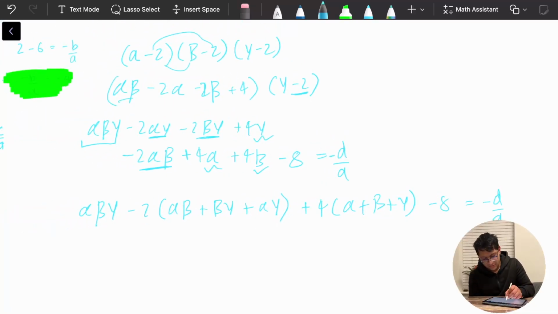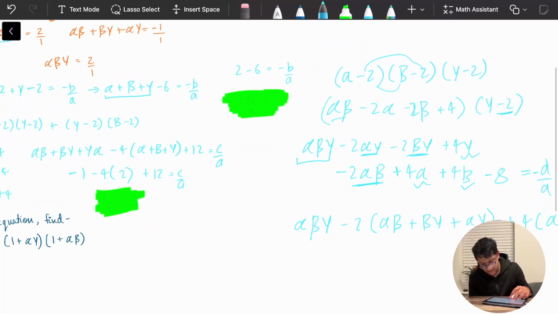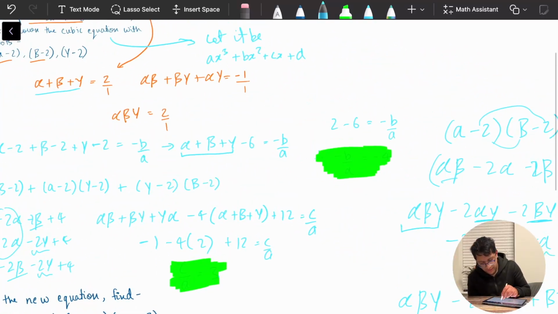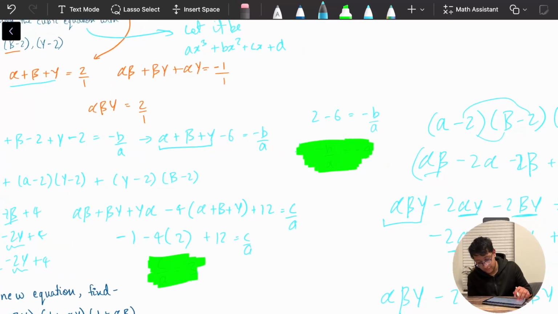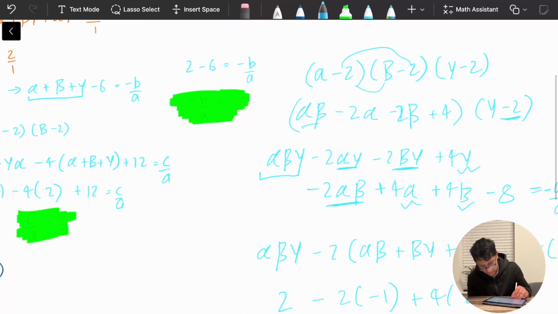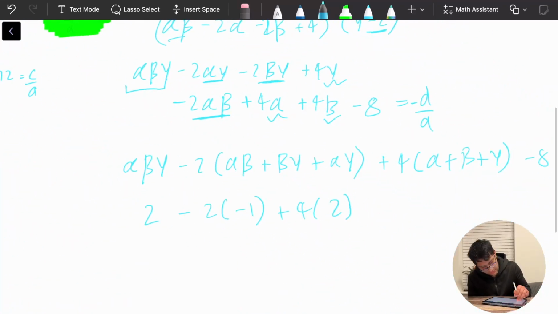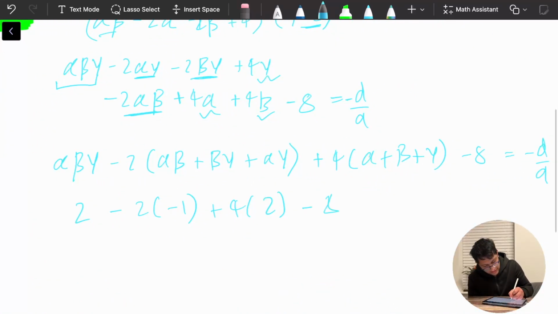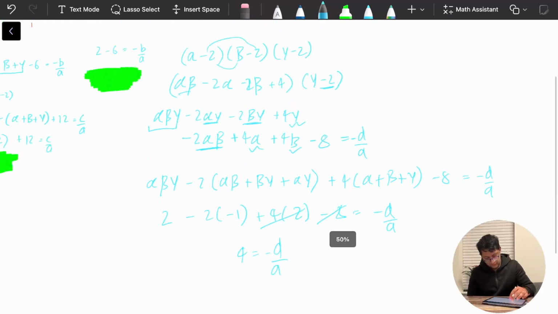And as you can see, the same old trick, you just substitute. So alpha beta gamma we worked out to be 2, the pairs is minus 1, and alpha plus beta plus gamma is 2 again. So this is nothing but 2 minus 1 plus 4 times 2, minus 8 equals minus d by a. So plus 8 minus 8, this is plus 2 plus 2, so 4 equals minus d by a.